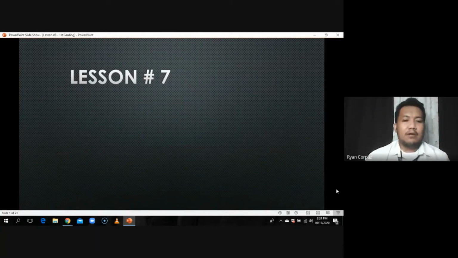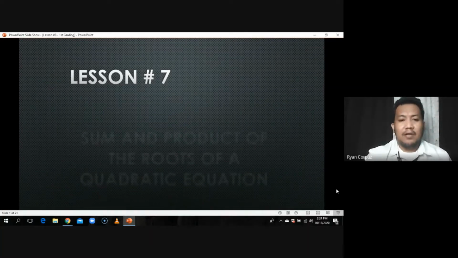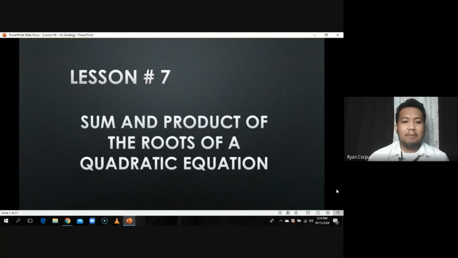So we are now on lesson number 7. Lesson number 7 will focus on the sum and the product of the roots of a quadratic equation. In this lesson, you are going to find out how the sum and the product of the roots are used in a quadratic equation.